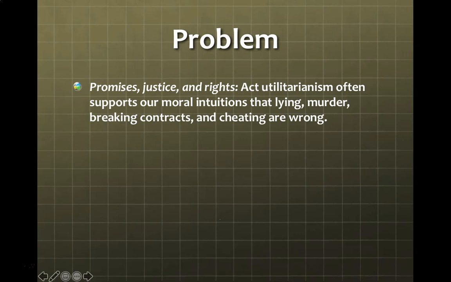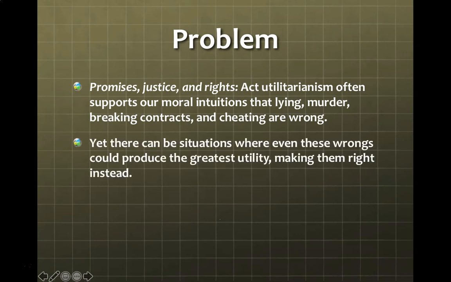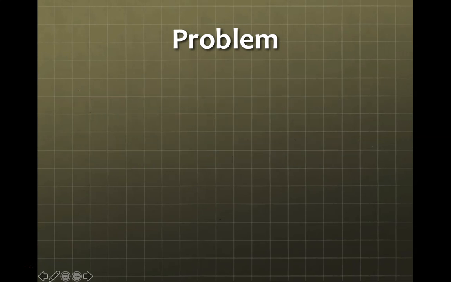Act Utilitarianism often supports our moral intuitions that lying, murder, breaking contracts, and cheating are wrong. Yet, there can be situations where even those wrongs could produce the greatest utility, making them right instead.